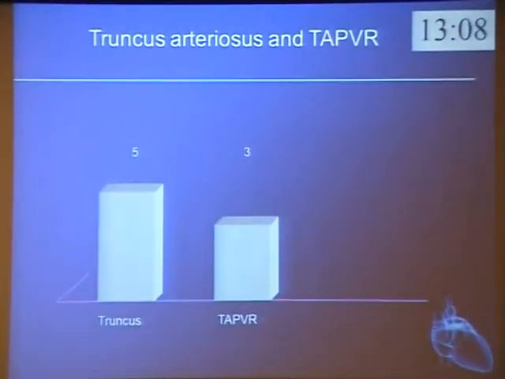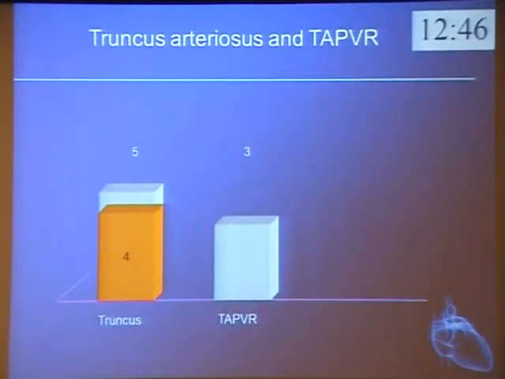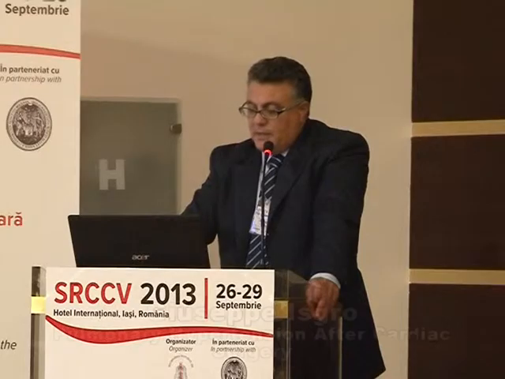And the most representative pathology that was treated in our center last year, in our experience, is truncus arteriosus. Four patients were treated with inhaled nitric oxide out of 5 we operated, and 2 total anomalous pulmonary venous return out of 3.